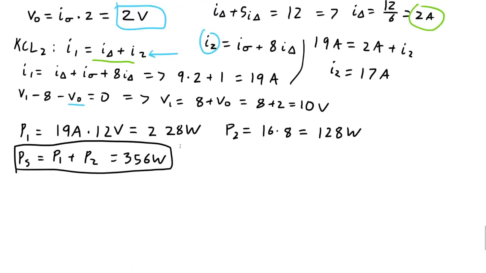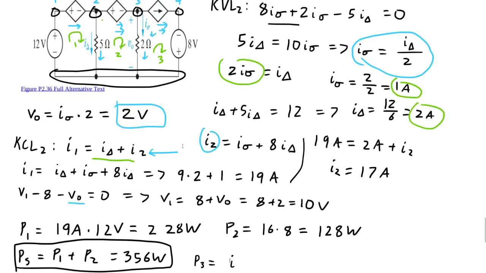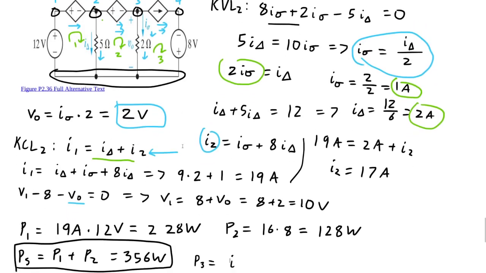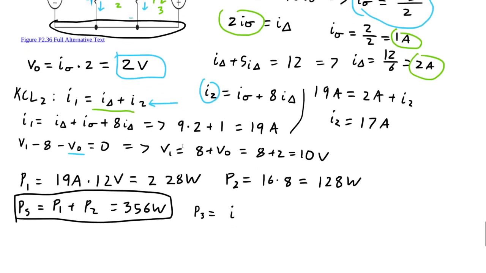Anyway, so the resistors are easy. Let's say P3 is the 5 ohm resistor. Power dissipated by that. So we're going to have I delta squared times 5.